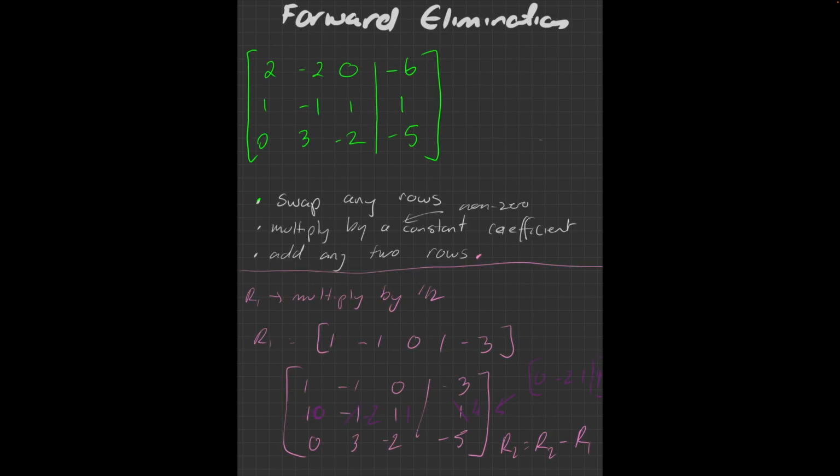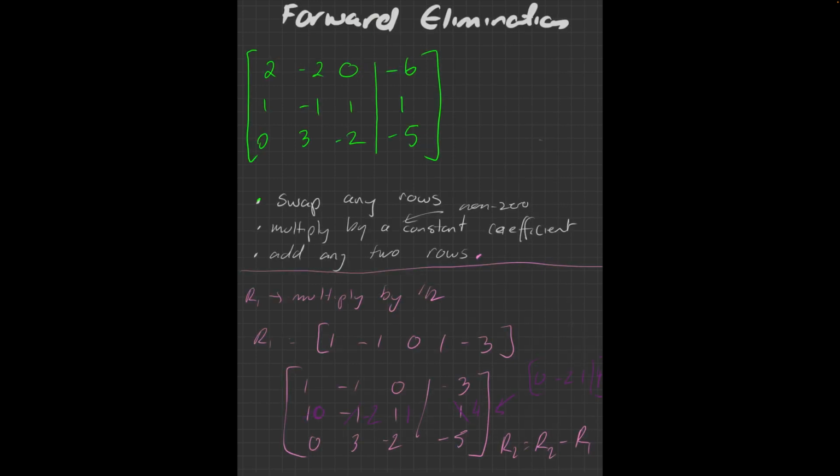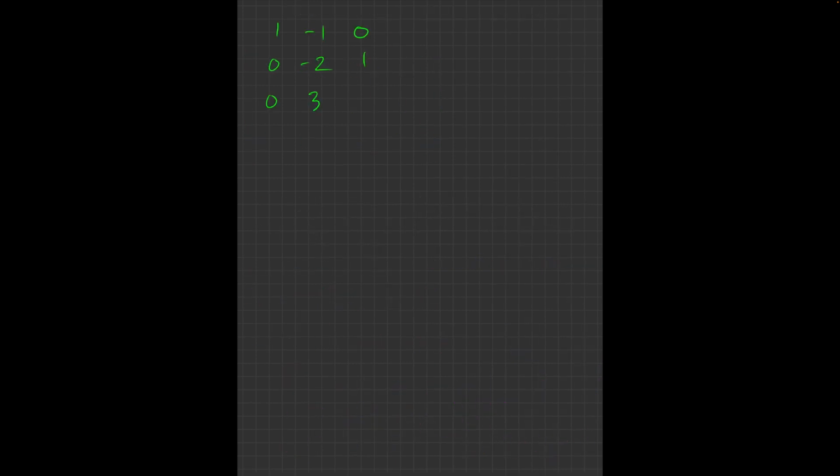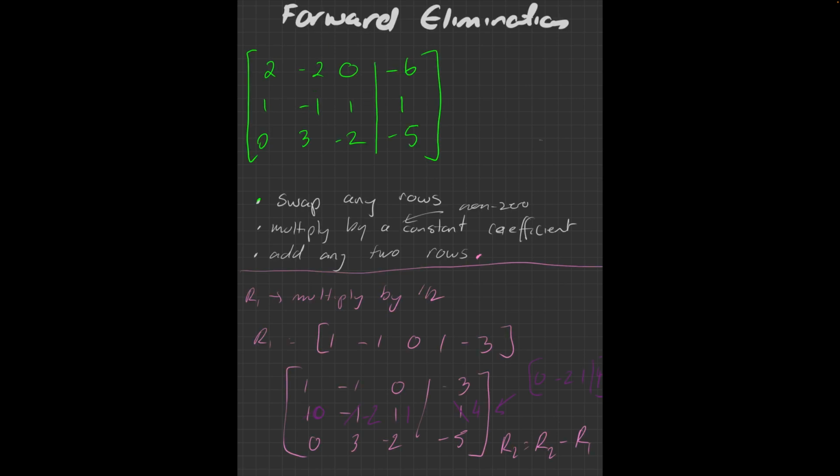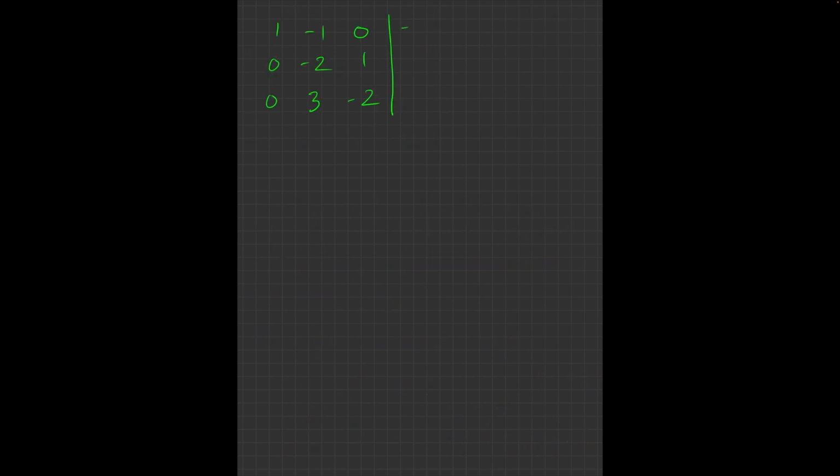Let me go back to this. So 1, minus 1, 0, 0, minus 2, 1, 0, 3, minus 2. And then the right hand side of this is going to be minus 3, 4, minus 5.